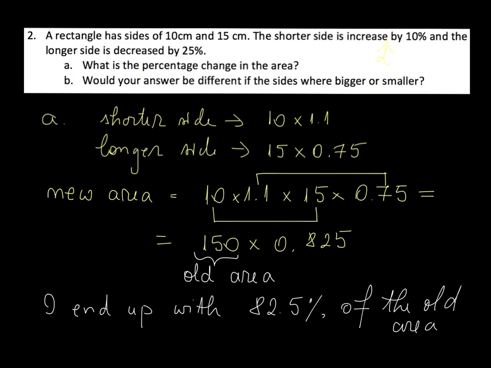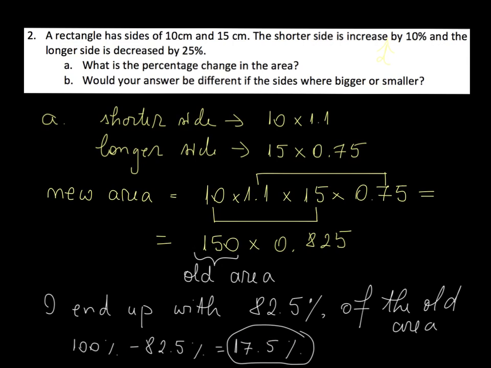But the old area was 100%. So 100% minus 82.5%, which I end up with, is 17.5%. So the percentage change is 17.5% decrease because it's less than 100%.